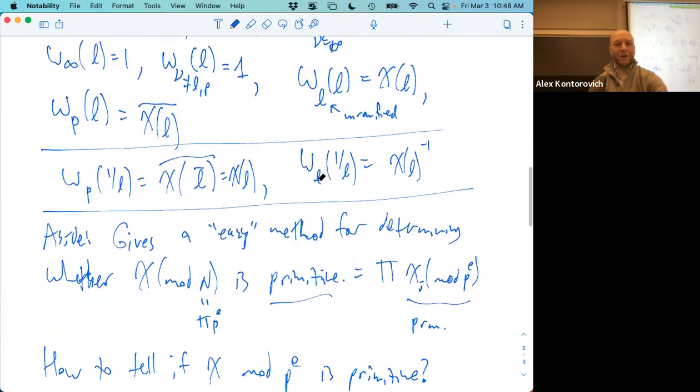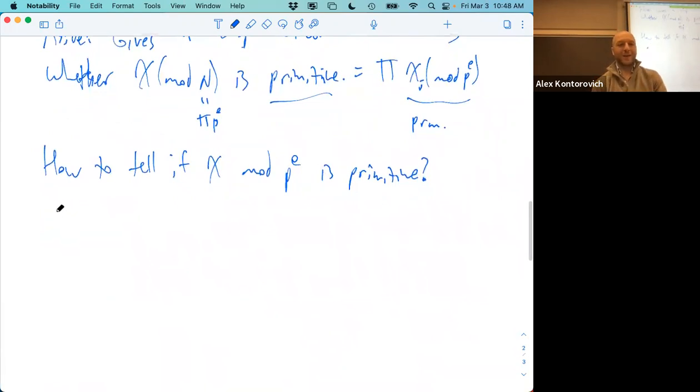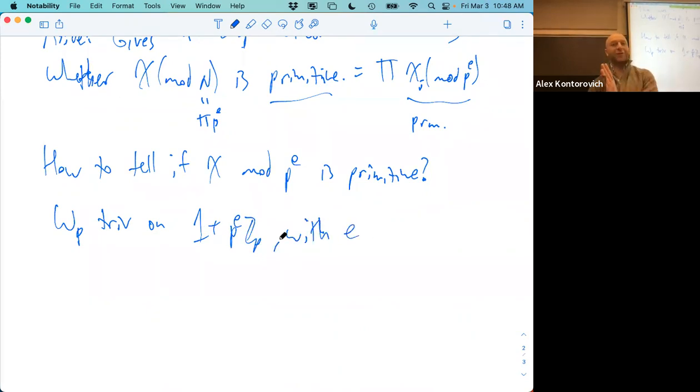So omega p is trivial on 1 plus p to the e Z_p, with e the smallest, because if I take larger values of e, of course, it's still trivial there. Exactly.